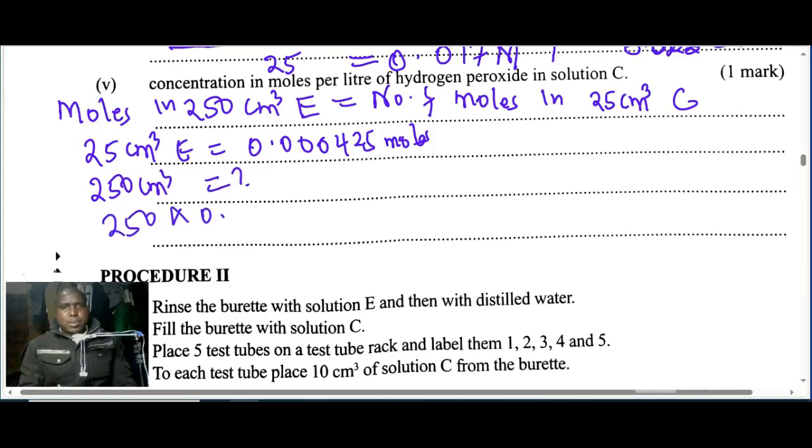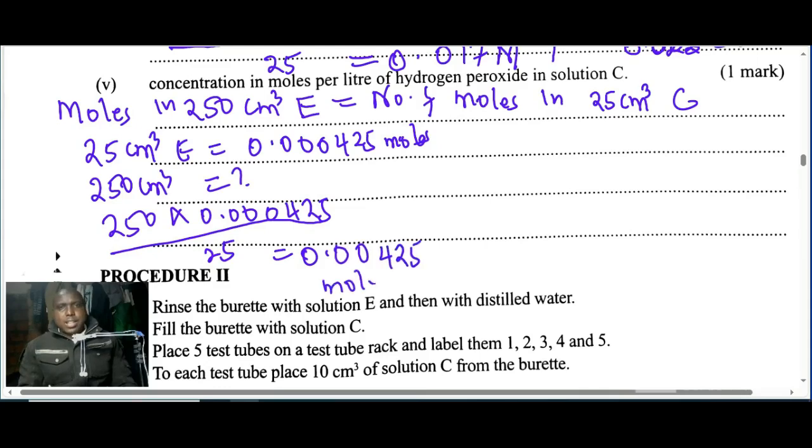So it is 250 times 0.0000425. We divide by 25. And this one will give us 0.000425 moles. This is the number of moles in 250 solution E, right?